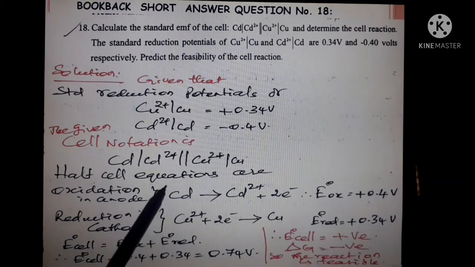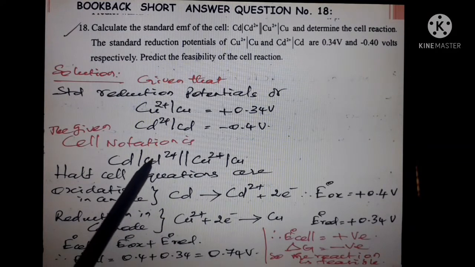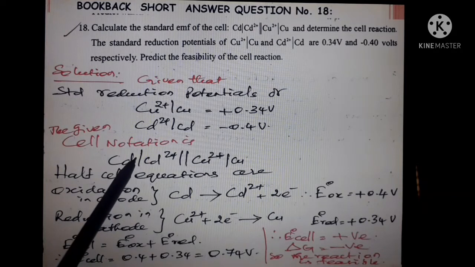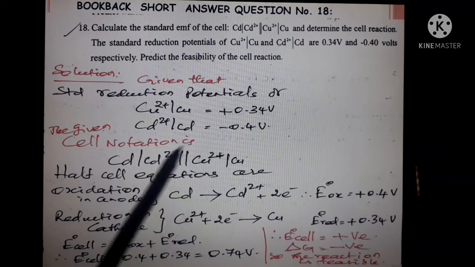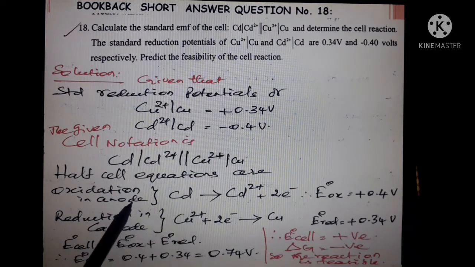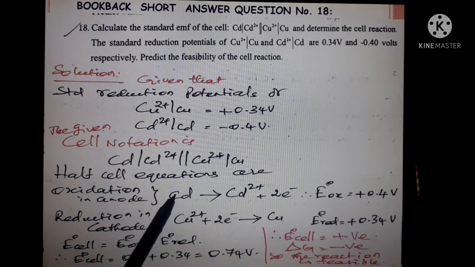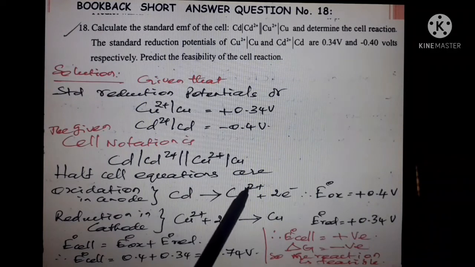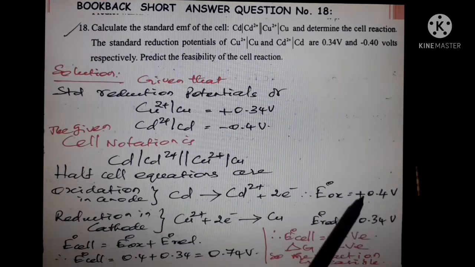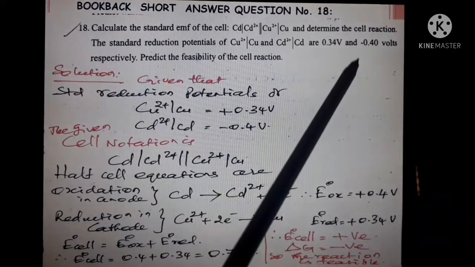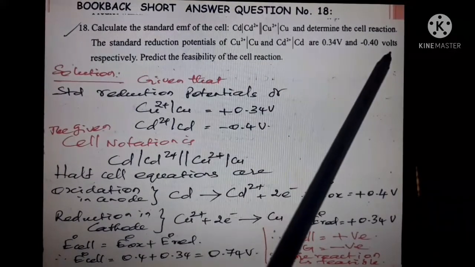Half cell reactions. What are the half cell reactions? This is the oxidation part and this is the reduction part. Oxidation part: cadmium releases 2 electrons to become cadmium 2 plus. Releasing 2 electrons, 0 to 2 plus, means oxidation.